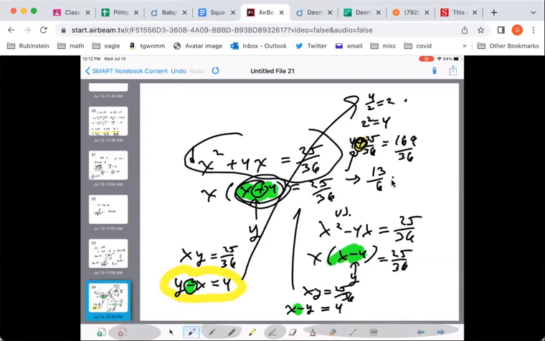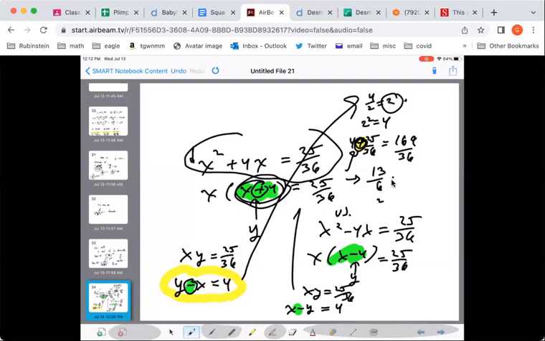Okay, so then now you have to do 13 over 6 plus 2, because you have to add it to the 4 over 2.